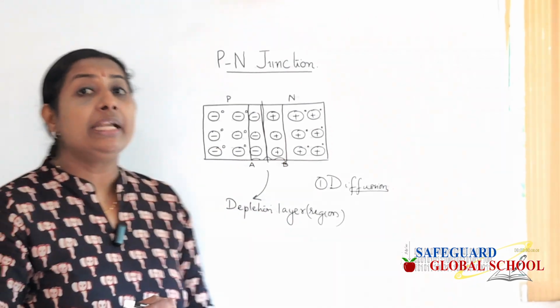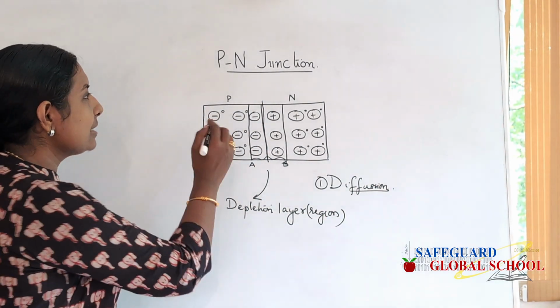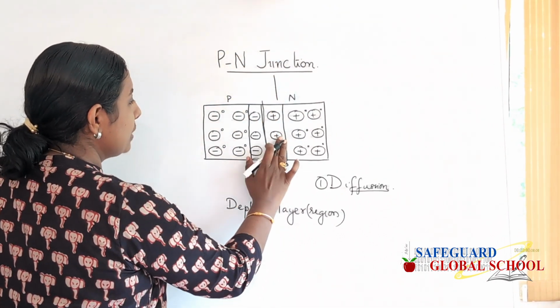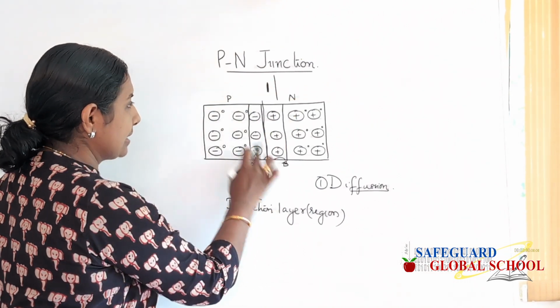So what happens when a depletion region is produced? Look at this area, children. It is just equivalent to a potential difference, isn't it? Some positive is here, some negative side is here due to these acceptor atoms.